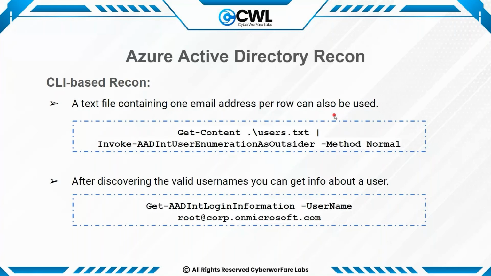After getting the username, we can use this second PowerShell command. This command is used to retrieve login related information for a specific Azure AD user. It is useful for getting some of the details that can be used as credentials. So this Get-AADIntLoginInformation cmdlet retrieves login related information for the Azure AD user.